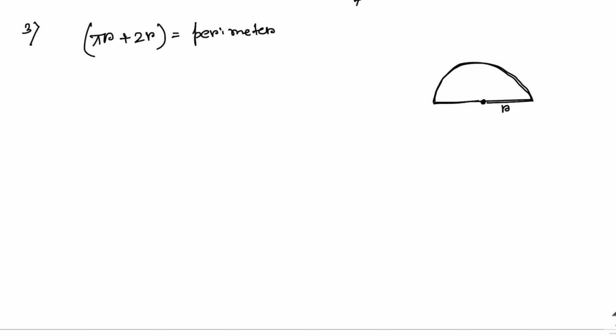So as r equals 3.85, perimeter equals, if r is common, r times pi plus 2. So 3.85 times 22 by 7 plus 2.